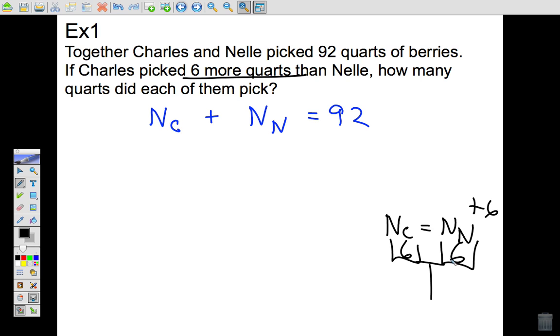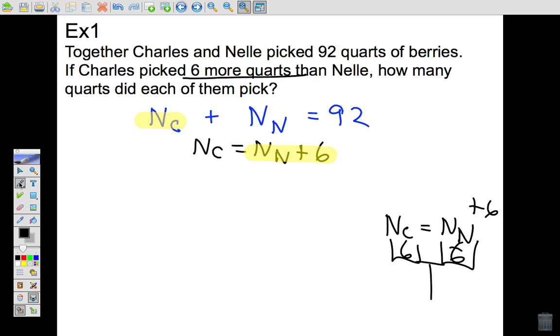I got to add 6 right here on this side of the balance. So my equation then is NC equals NN plus 6. All right. Now I've got my 2 equations. Now this is set up to use substitution. I know NC is this, so I'm going to substitute that in right there.